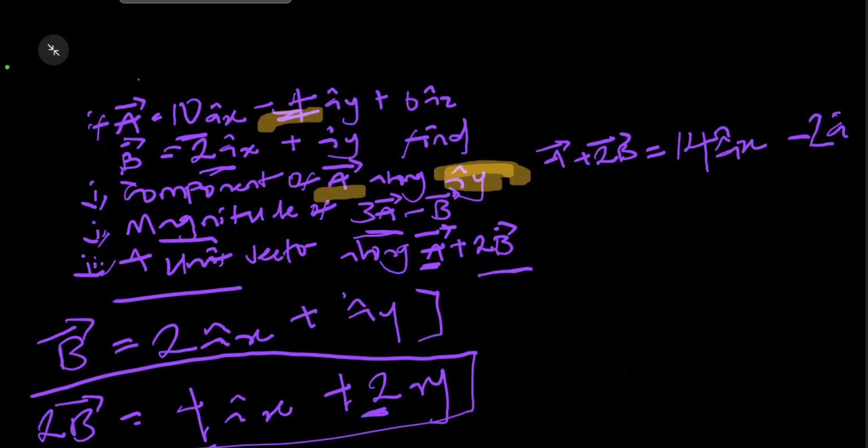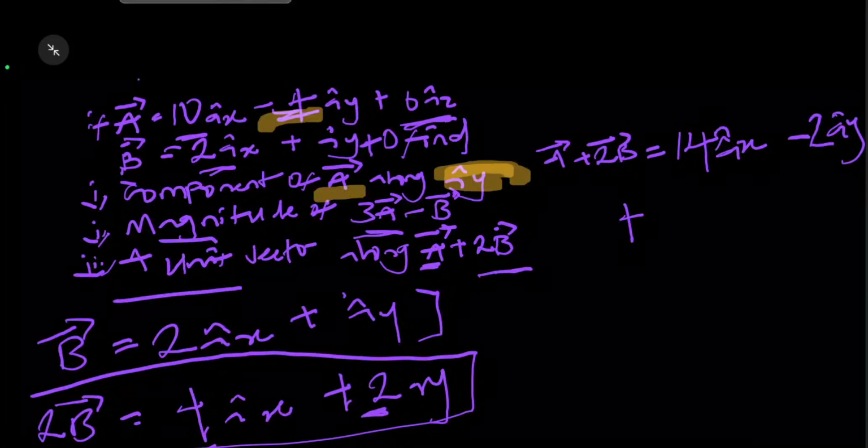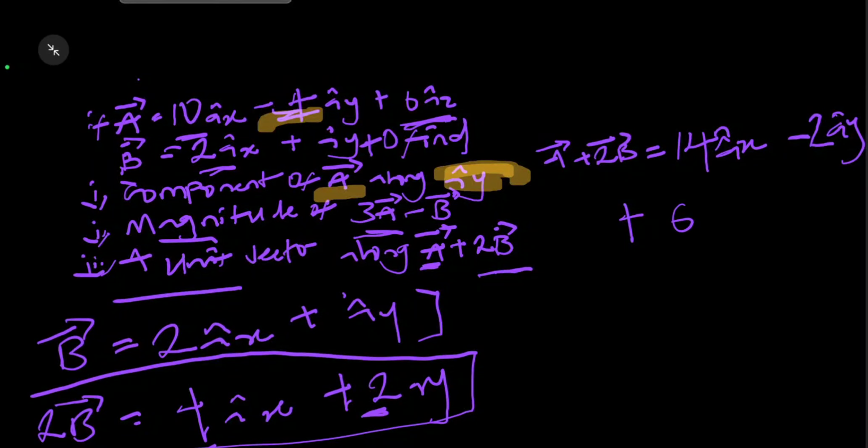Let's not forget to write our unit vector here. Plus, since there's nothing here, we're assuming it to be 0. So we just write 6, because 6 plus 0 is still 6.